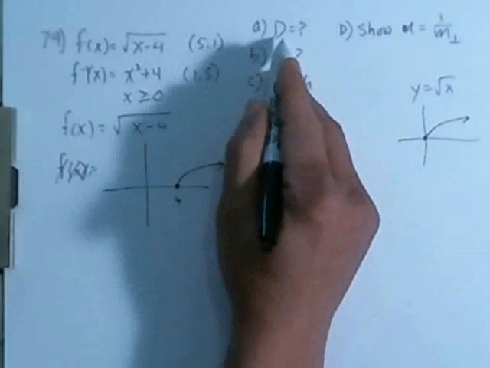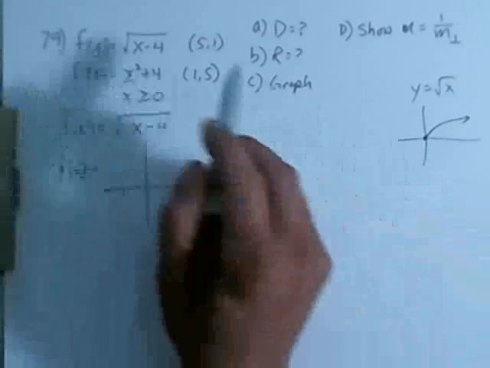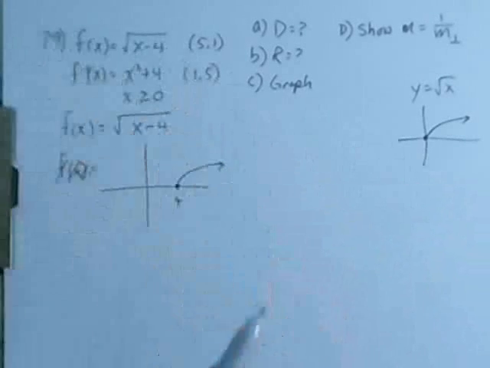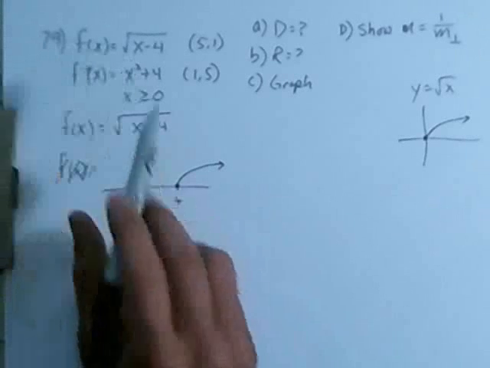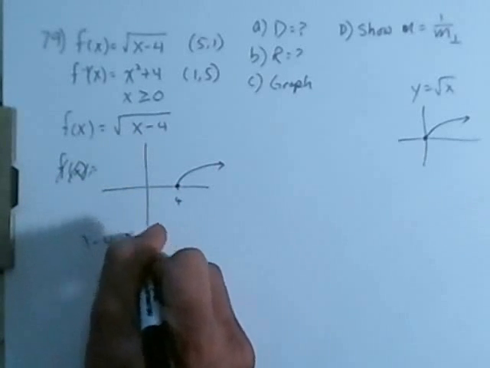The domain on this is going to be what values of x make the inside greater than or equal to 0, because if you have a square root of a negative number, obviously, you cannot have an imaginary number inside the radical. So we set x minus 4 greater than or equal to 0.